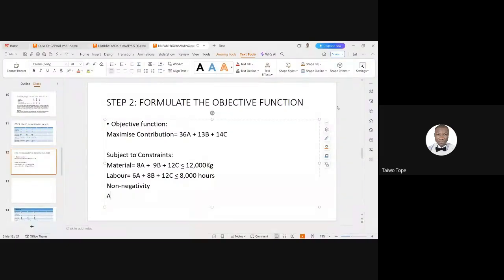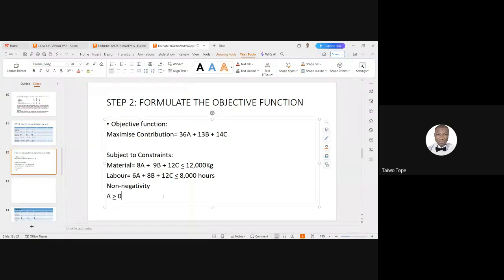For product A, you can express it as A will always be greater than or equal to 0, because you cannot have minus product A. You cannot produce negative product A. And for product B, you put a comma: B is also greater than or equal to 0.